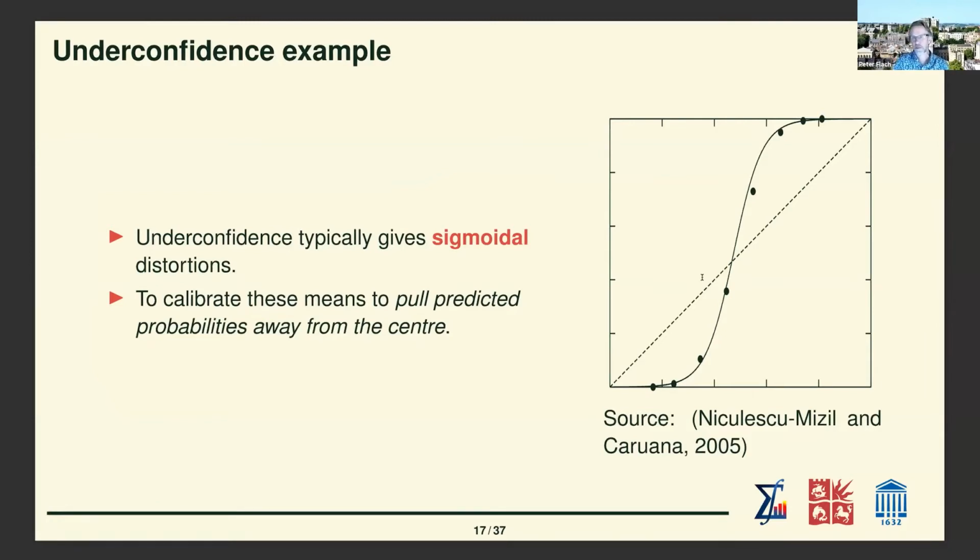They are away from the diagonal, but the distortions follow a very clear pattern, because this is clearly an underconfidence example. We want to pull the predicted probabilities, which are on the horizontal axis, away from the center. Modeling this sigmoidal distortion would then give you a calibration procedure.